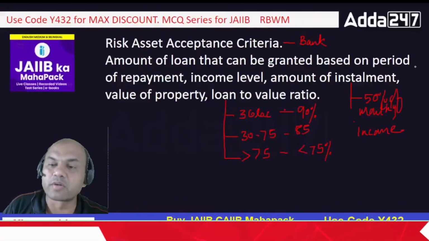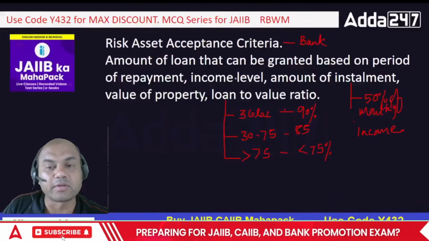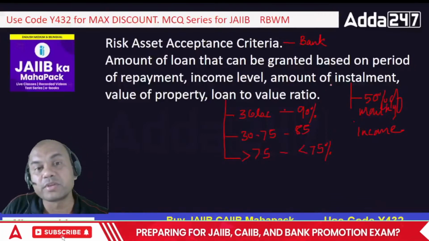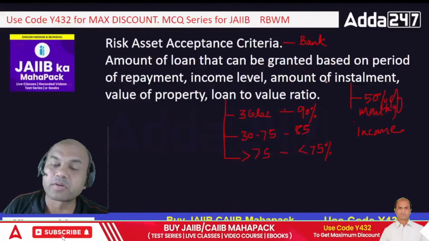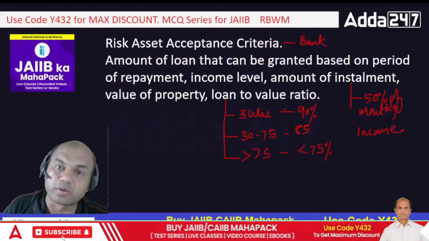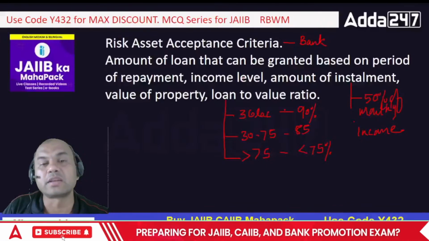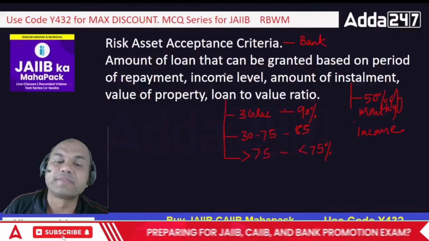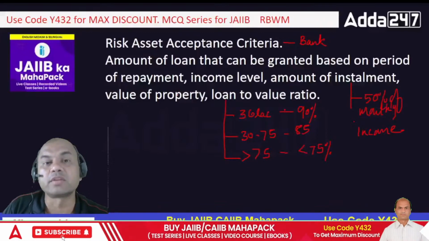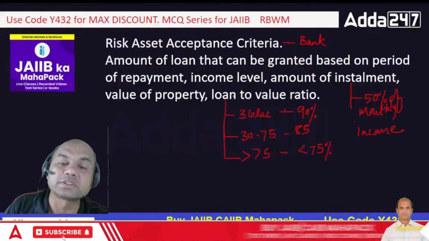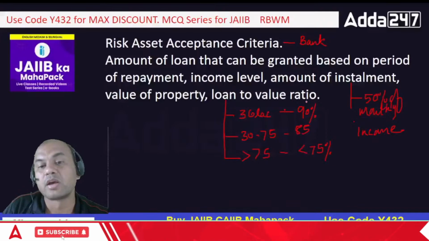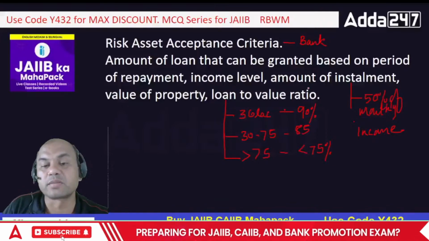Period of repayment, income level of that person, amount of installment, and as per the income level how much the customer can repay. Then value of the property and loan to value ratio. Now look at this loan to value ratio, remember.